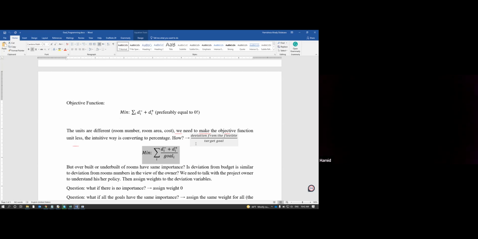Okay, on top of that, you might have different ideas about deviations. For example, maybe for you, deviating from cost is not a big deal, but deviating from number of rooms is a big deal. So you can add some coefficients. Let's say you want to achieve very close to 5 small rooms.